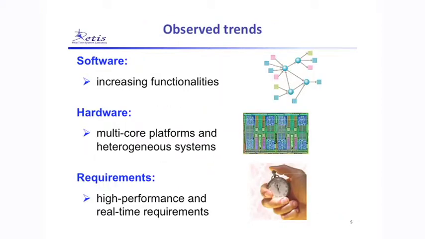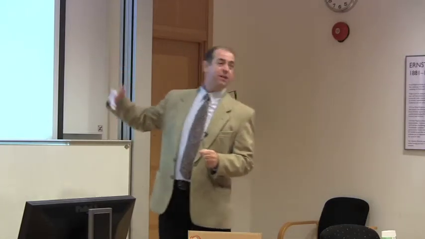By looking at these trends, we can see that there are several things that characterize the software for embedded systems. First of all, there is increasing functionality, the need for more and more functions, driven by user requirements. This means increasing software complexity. On the other hand, the hardware platform is also evolving even more quickly than software.